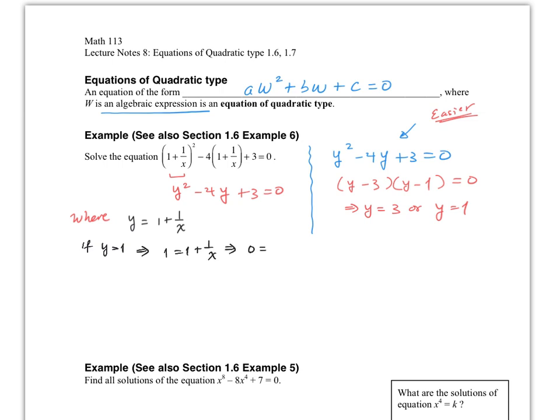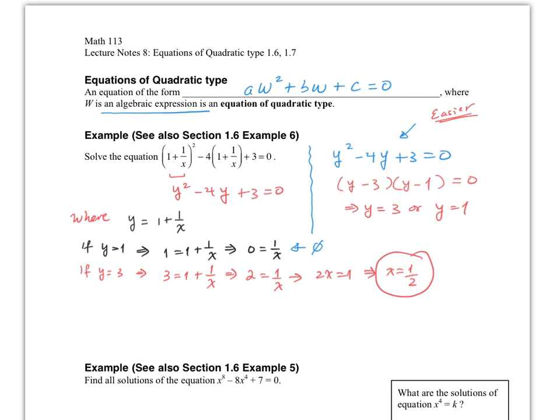That implies 0 equals 1 over x. And this part has no solution, but you have one more value for y. So if y equals 3, that implies that 3 equals 1 plus 1 over x, or that 2 equals 1 over x, which means 2x equals 1, which means x equals 1/2. And this is the only solution.